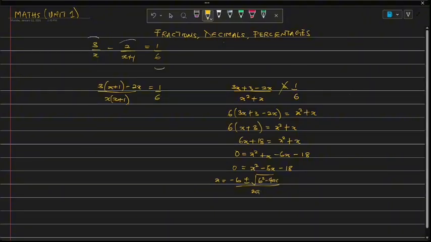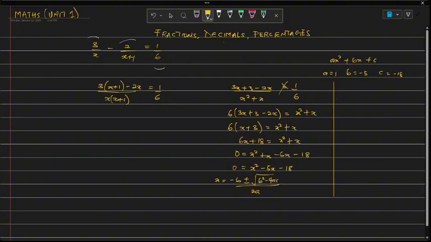And in a quadratic equation, the coefficient of x squared is a, the coefficient of x is b, and the constant is c. So if we compare this and this, what do we notice is the coefficient of x squared is 1, the coefficient of x is negative 5, and the constant is negative 18. So let's plug it into the quadratic formula and let's solve.